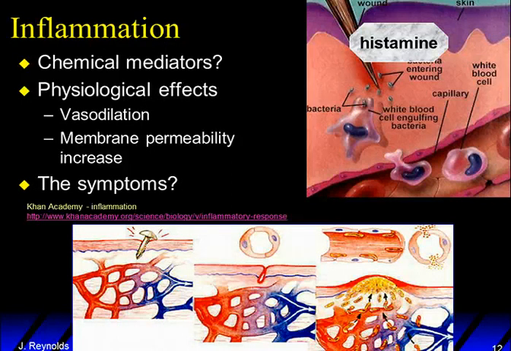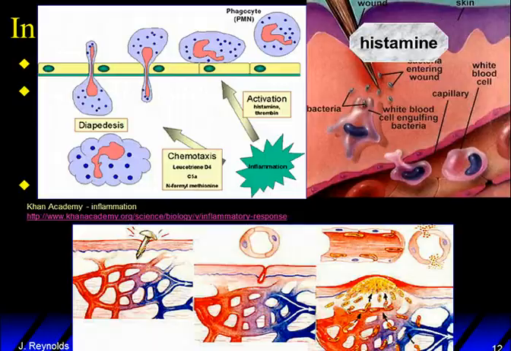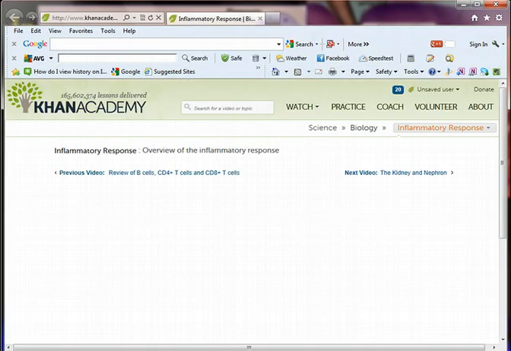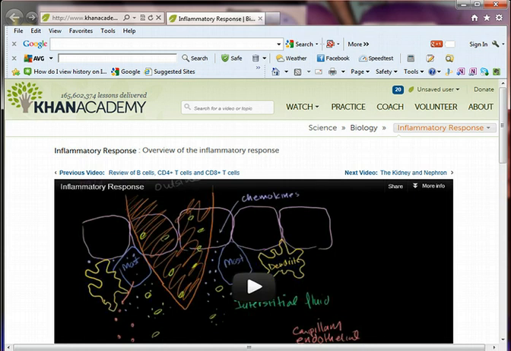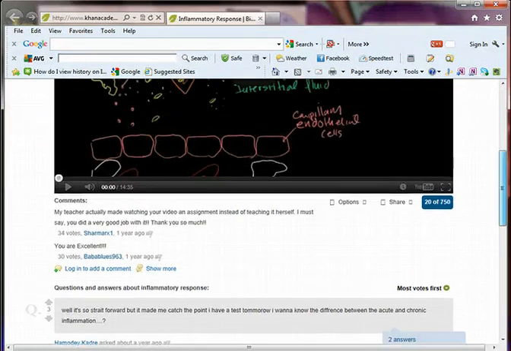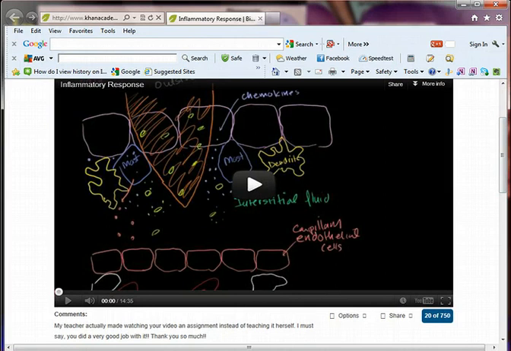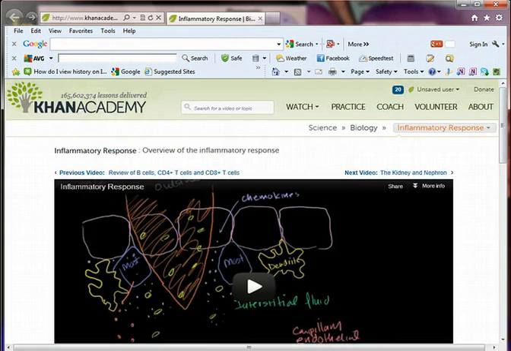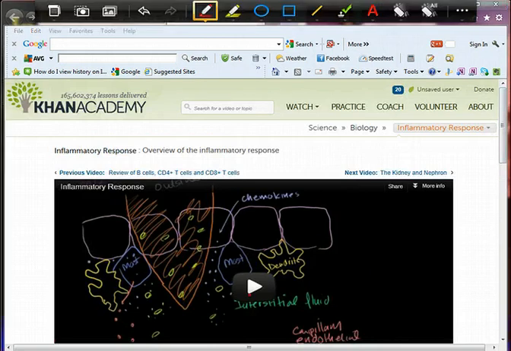And before we get into that, let me point out, there's a wonderful site called Khan Academy. I think his name is Sal Khan, and he's made hundreds and hundreds of really good videos, all different kinds of topics. I think it's mainly made for high school. But you'll notice that I am in the area of science.